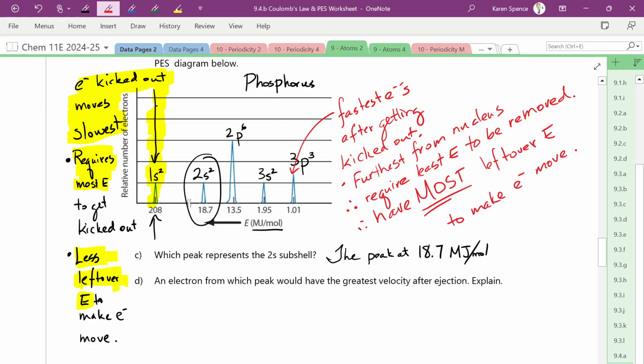So a key idea in that is that all the electrons are given the same amount of energy. We only have one wavelength of photon being shot at them, and it's enough to get all of them out. It's more than enough to get all of them out.